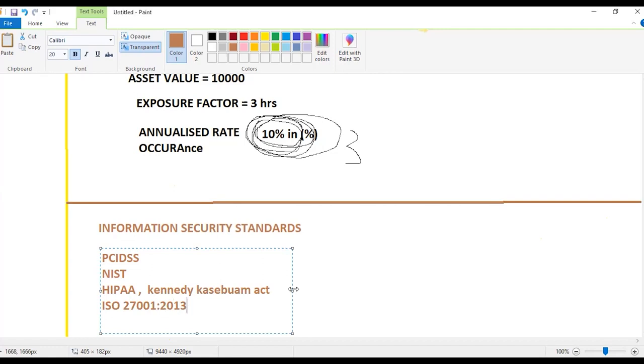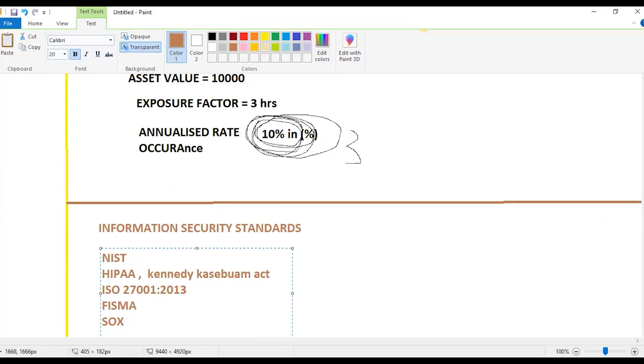This stands for International Standard Organization, but it is read as International Organization for Standardization. Then FISMA, Federal Information Security Management Act, and SOX, the Sarbanes-Oxley Act.